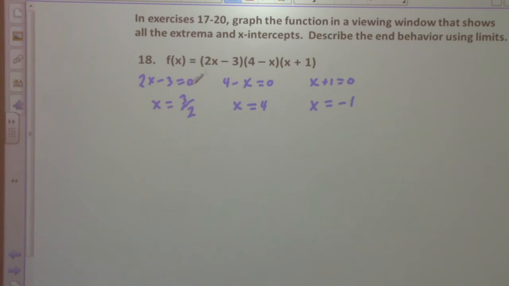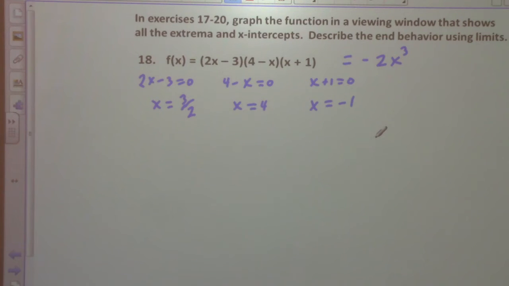Yes. And is this going to be an odd-natured polynomial? Yes, it is, because when we multiply all the x's together, we're going to have what? X cubed, x times negative x times 2x. We have negative 2x cubed. Is that going to be odd positive or odd negative?